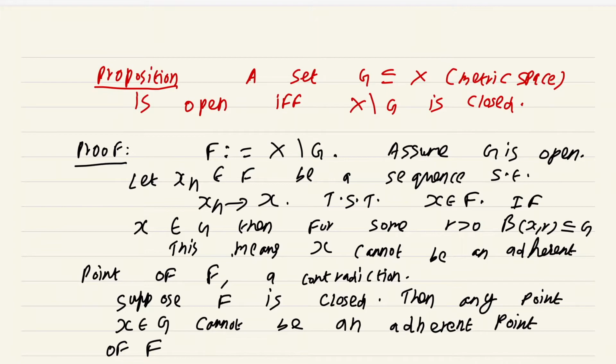Now the next exercise finishes the proof. I'm going to leave a very simple exercise for you, which is exactly similar to what you have done previously for adherent and limit points in the case of the real numbers. So the exercise is the following.